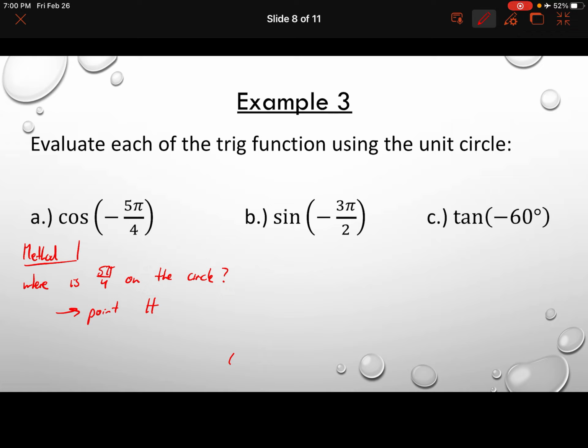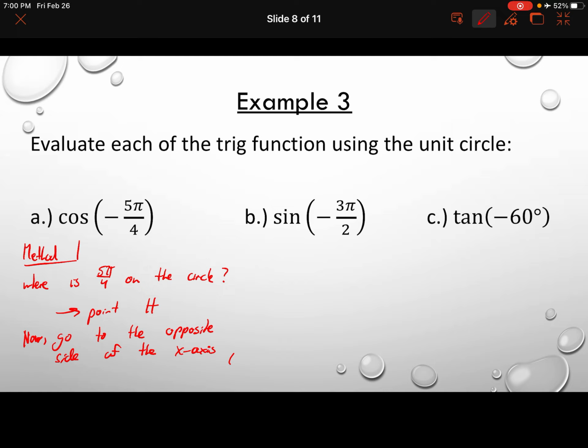Now, here's the trick. In order to determine where negative 5 pi over 4 is, now go to the opposite side of the x-axis. Okay, so go to the same spot on the circle, but just on the opposite side of the x-axis.